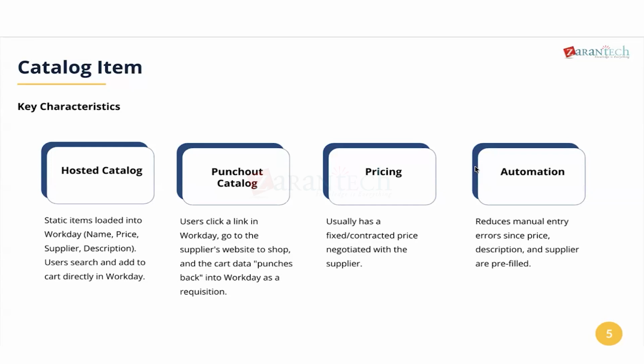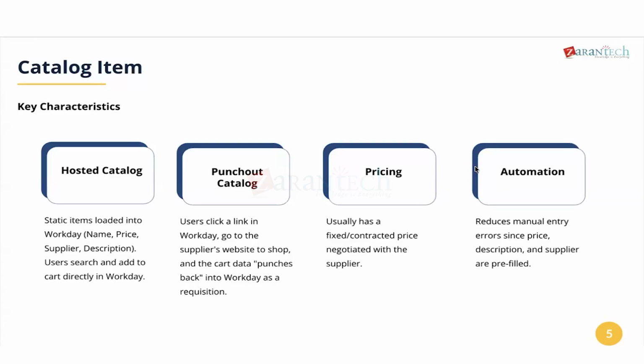You would have the static items loaded into Workday with their details such as name, price, description, etc., and users can directly use the search functionality and add those items into the cart.